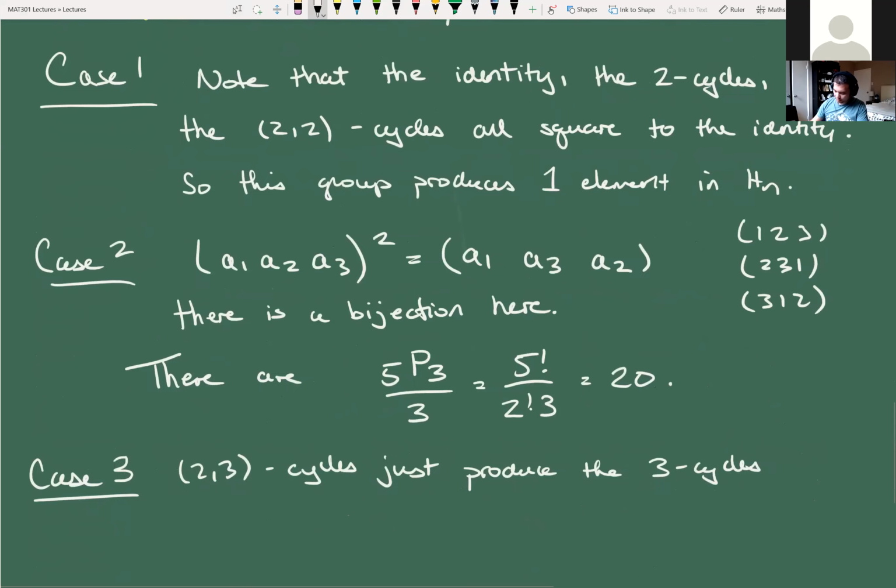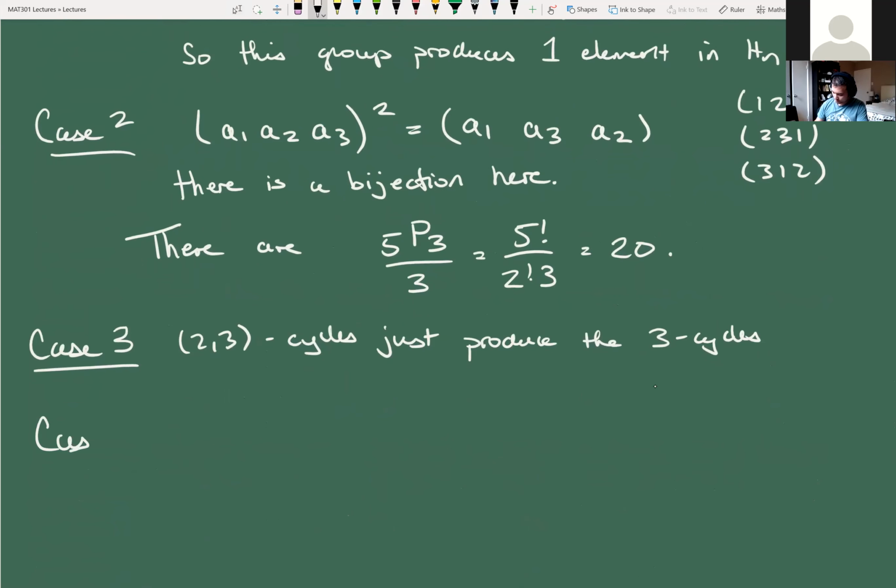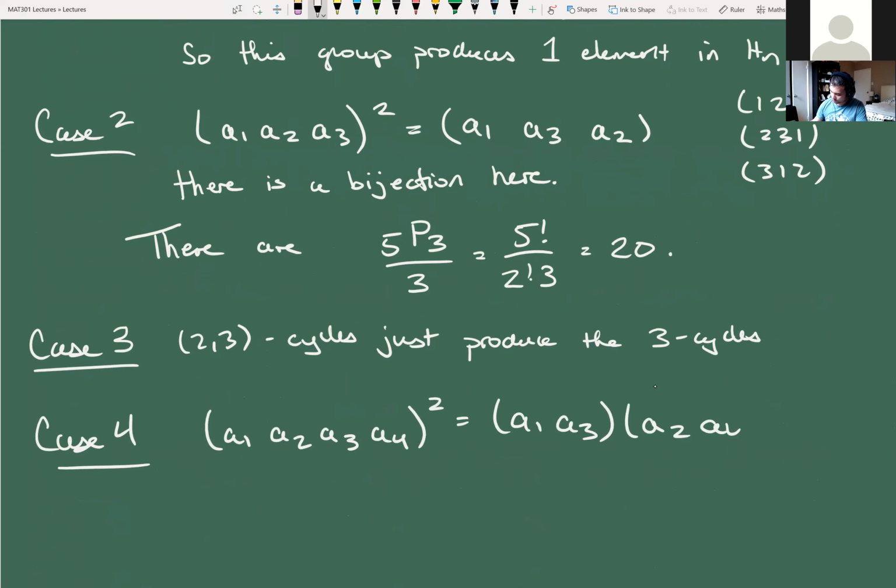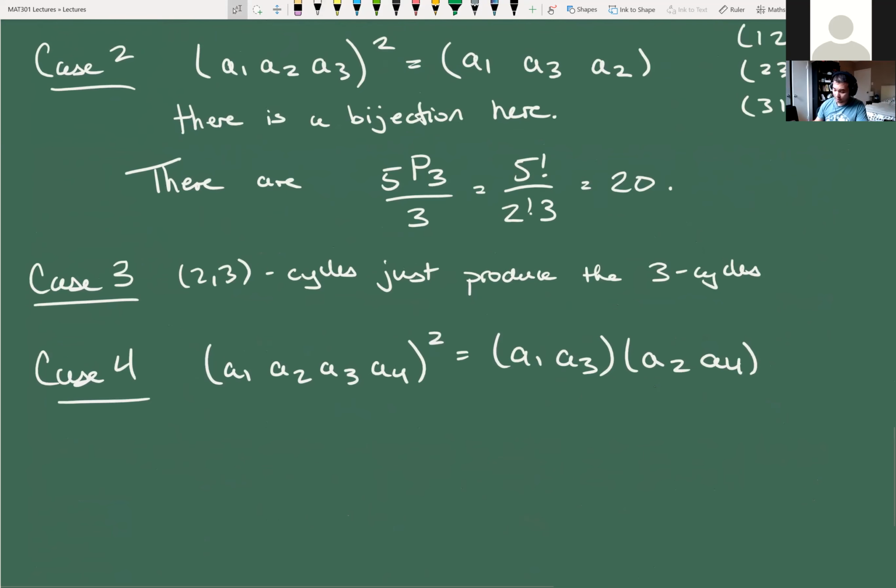The 4 cycles, so the 4 cycles, when we square them, become something interesting. These become A1, A3, and A2, A4, right? And they bijectively map onto this set. In fact, they surject onto the set, but they biject onto the set as well.